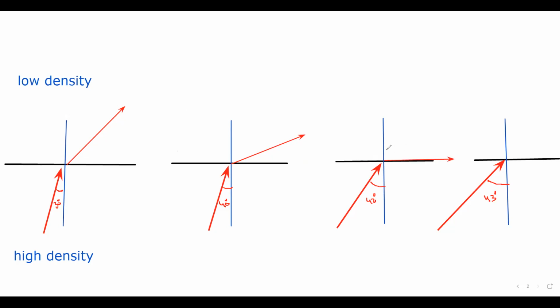So the angle of incidence for the first example is 30. For the second example, the angle of incidence is 40, and for the third example, the angle of incidence is 42. Light is moving from high density to low density. What is the critical angle here? What is the value of the critical angle?